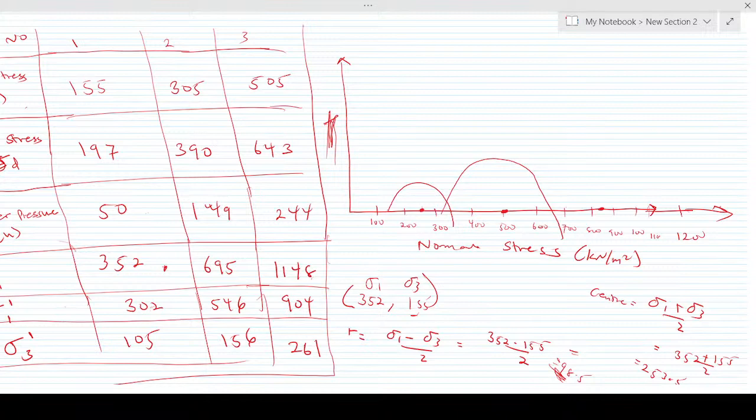You have 321.5. So you stand here, open to 321.5 radius, then you draw an arc. It's supposed to pass through the 505 and the 1148. So it's going to pass through 505 somewhere here, then 1148 somewhere here. We'll be having something like this for the total stress.